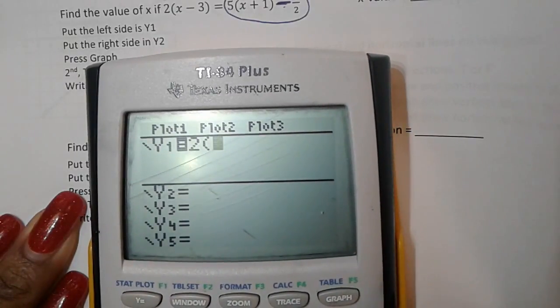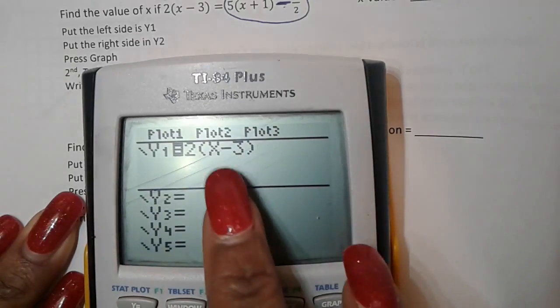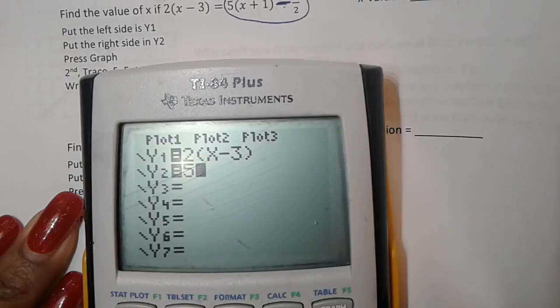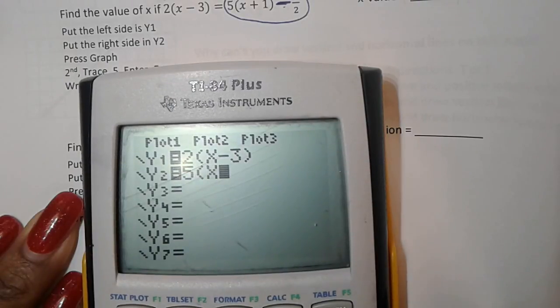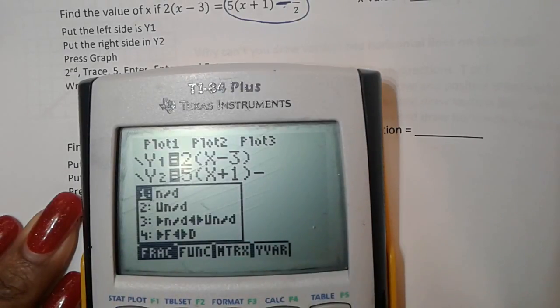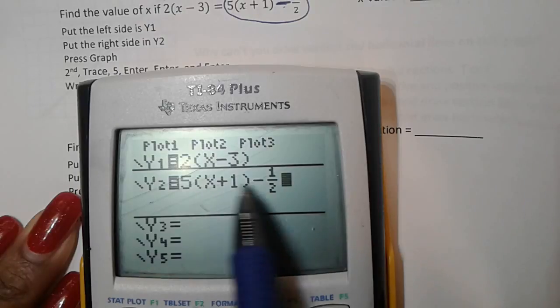2 parentheses x minus 3. Okay, so this side will equal the right side, 5 parentheses x plus 1 close, minus 1 over 2. It will equal this side.